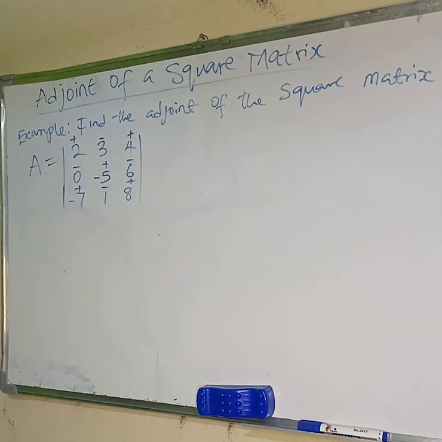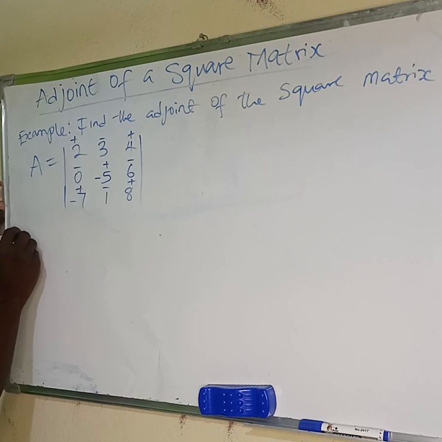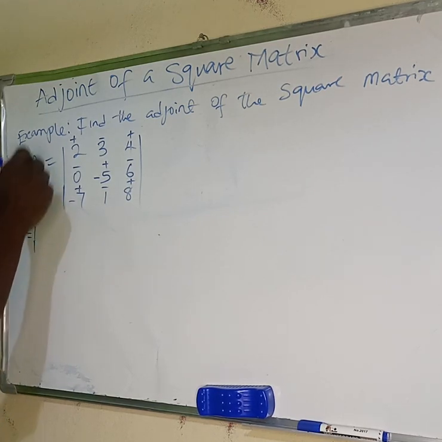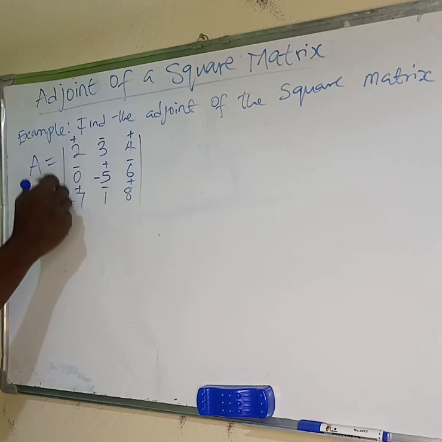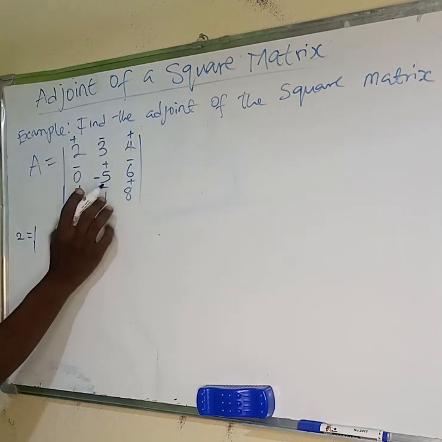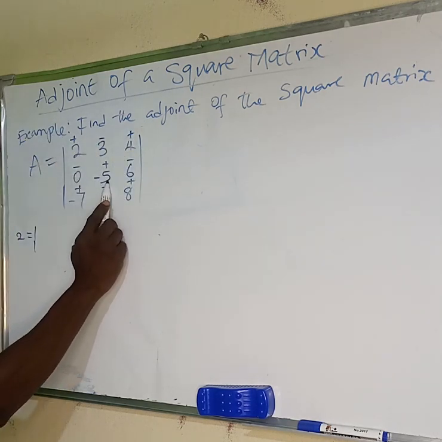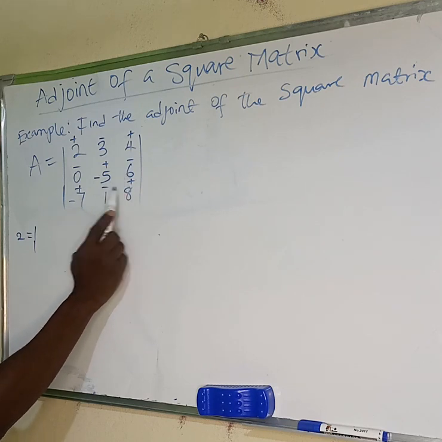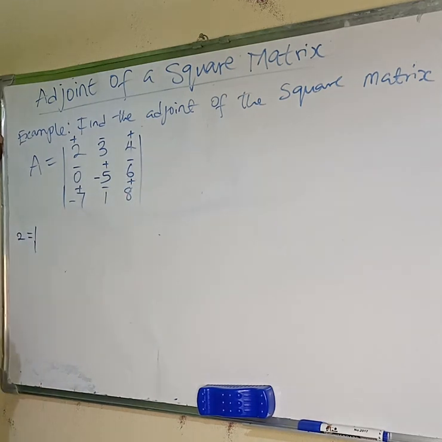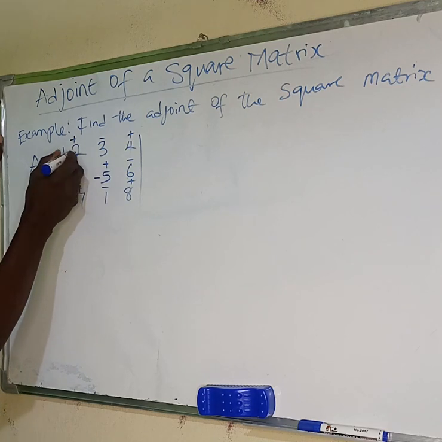Now that I've gotten the place value signs, we'll start with the first element, 2. The moment we write 2, what we're going to do next is to eliminate all the elements that are in the same column and in the same row as 2. We're going to be left with negative 5, 6, 1, 8 because they are not in the same column or row as 2.